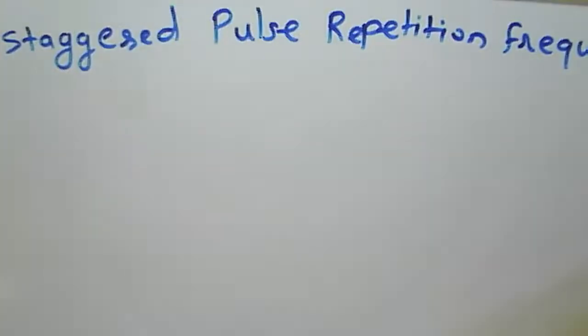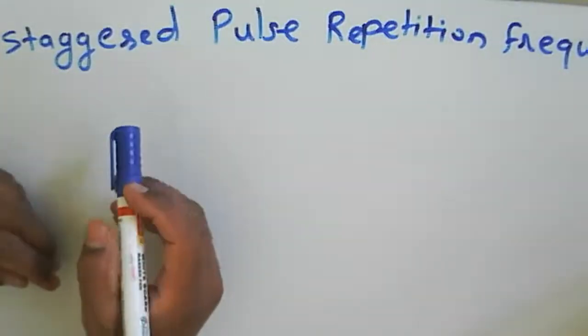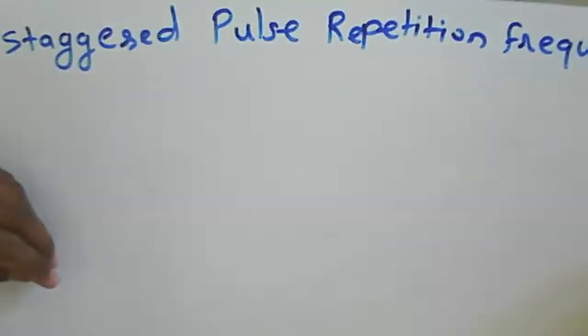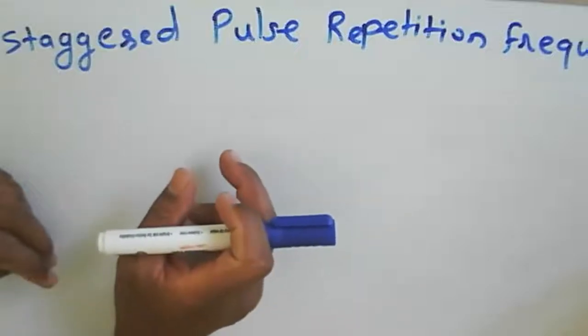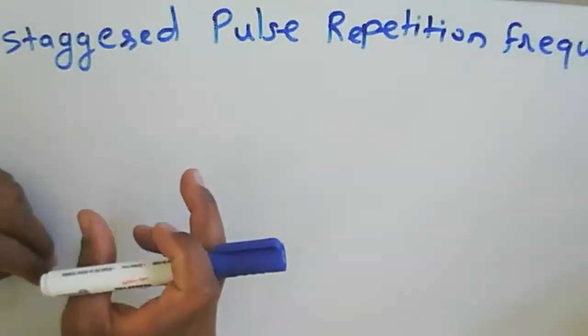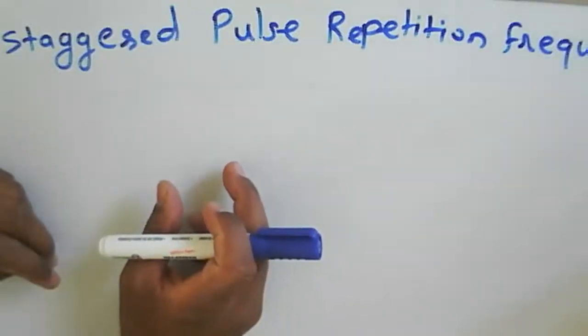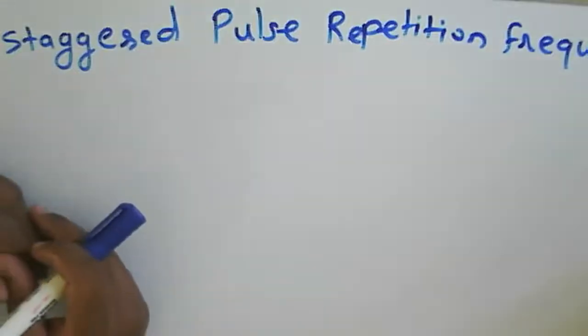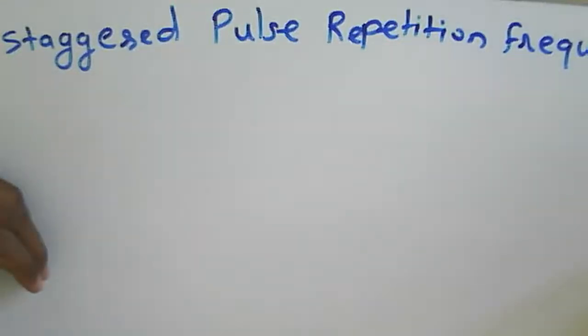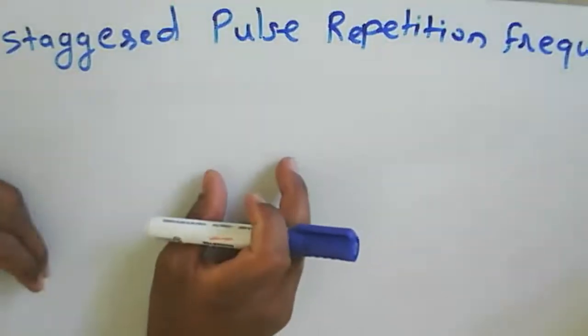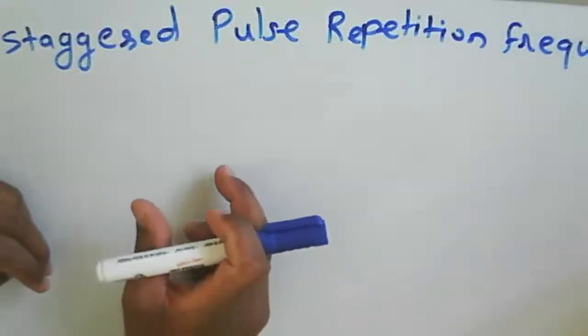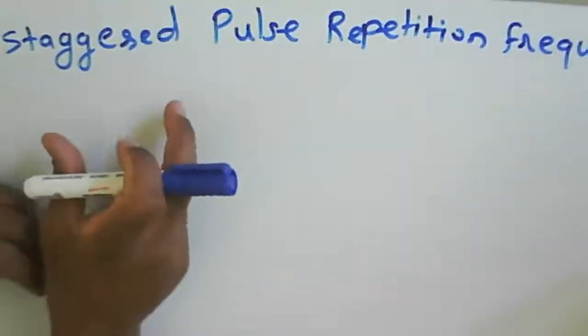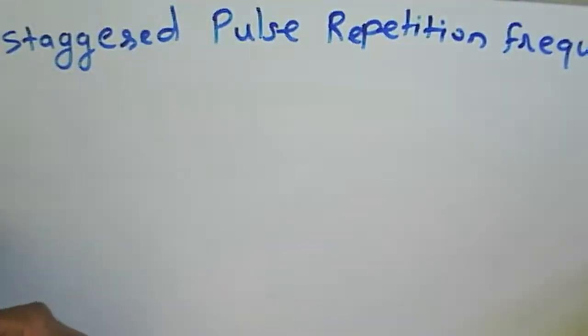Even if we consider multiple issues in a delay line canceller, to avoid the blind speed, instead of a single pulse repetition frequency, we can use multiple pulse repetition frequencies, and that is called the staggered pulse repetition frequency.